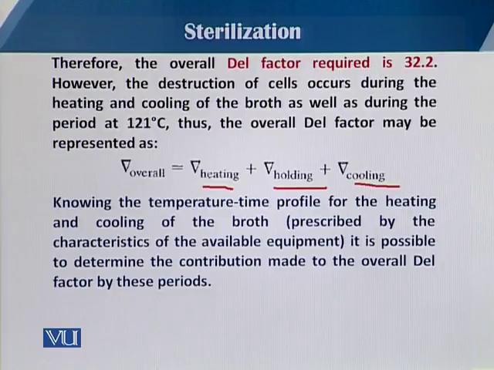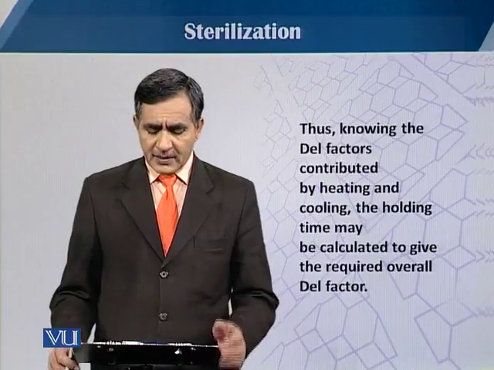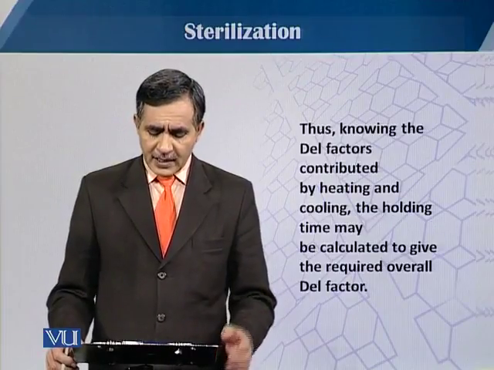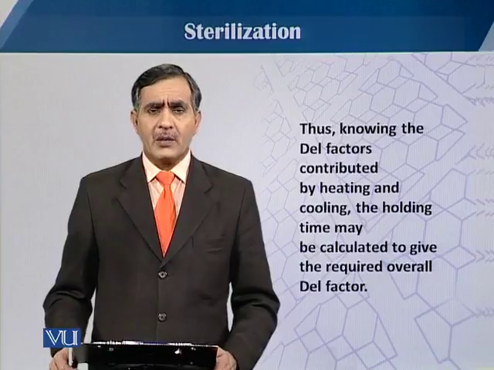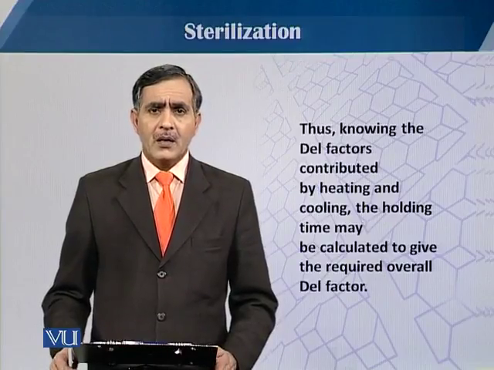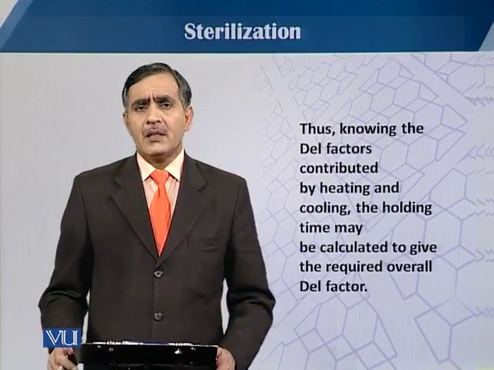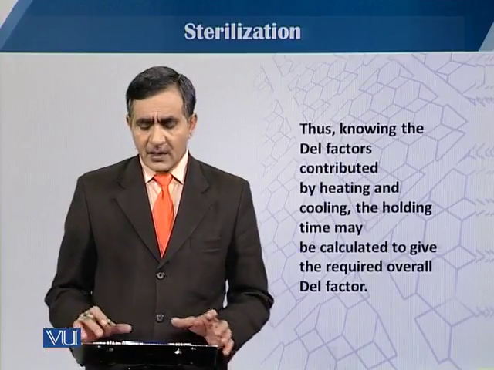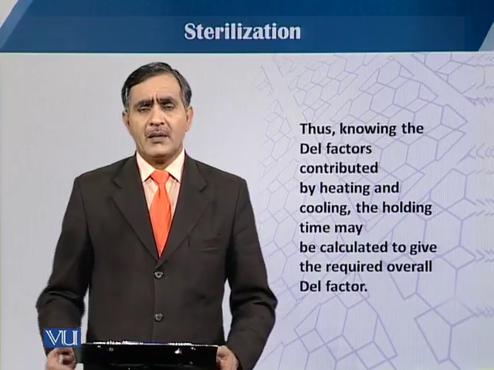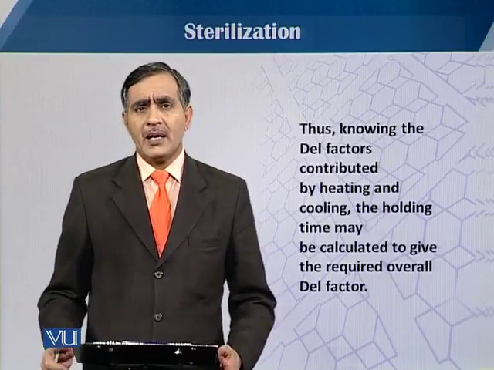Knowing the temperature profile for the heating and cooling of the broth, it is possible to determine the contribution made to the overall del factor of the sterilization. Thus, knowing the del factor from heating and cooling, the required holding del factor can easily be calculated. As reported by the scientists in 1959, the contributing del factors are the heating, holding time, and then cooling time.